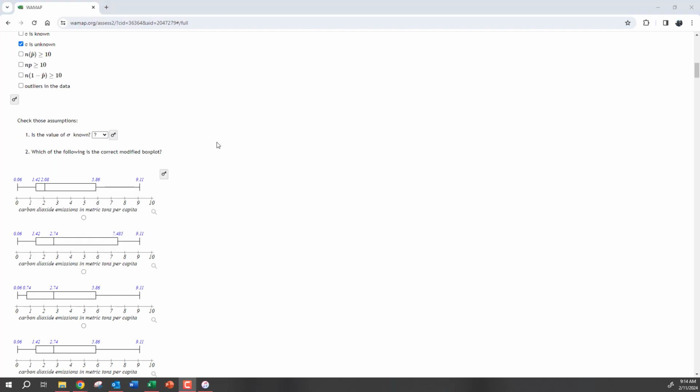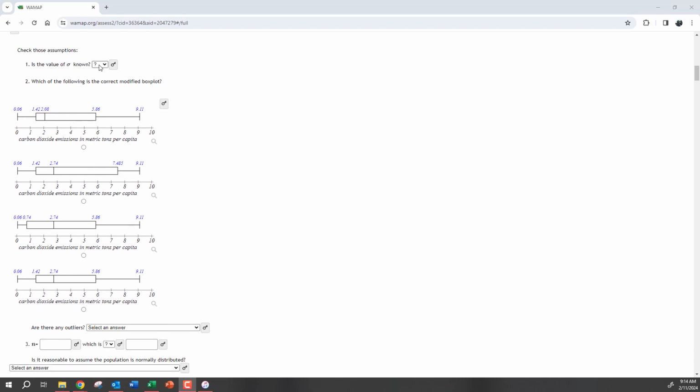Okay, so then they ask us to check those assumptions. Is sigma known? No, it is not. Then they want us to create a box plot from our data, because we're basically checking to see if we have outliers. If we have a really long tail on one of these, then that would mean we have outliers.